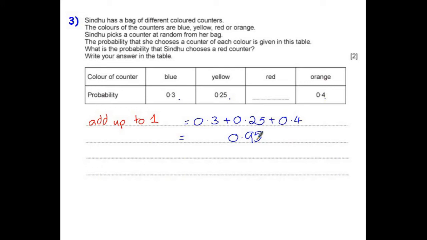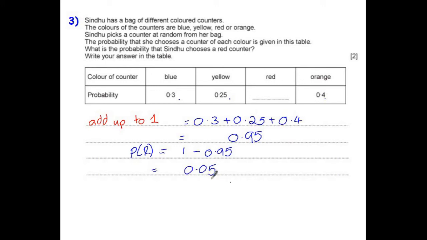What that 0.95 means is that it's the probability of selecting a blue, or a yellow, or an orange. Now to find the probability of selecting a red, using the fact that they all add up to 1, we're going to do 1 take away 0.95. And 1 take away 0.95 is 0.05.